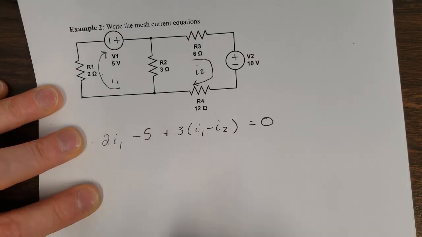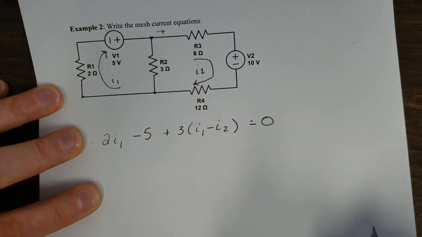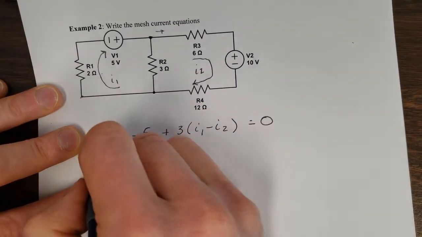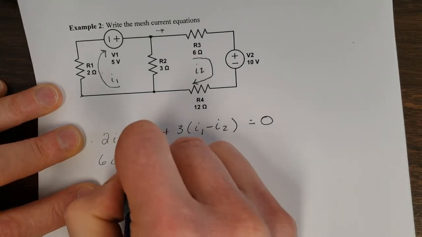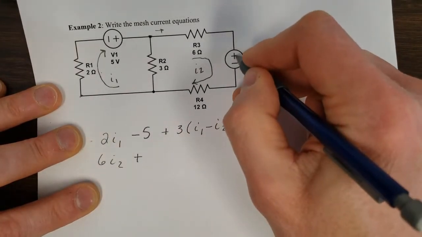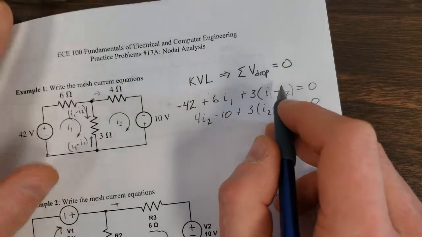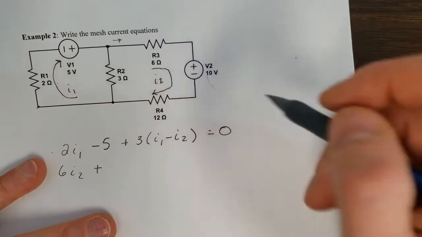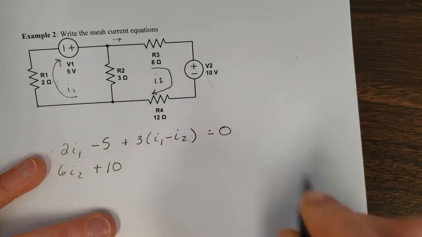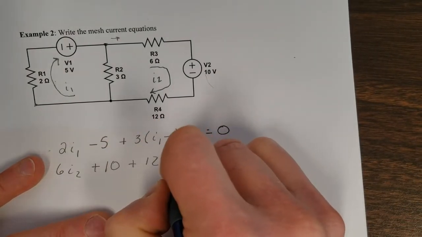All right, the next one. Let's start right here, and we'll move around. And so we get the 6 times I2, and then we hit the 10-volt source, but we hit the plus sign, so this is going to be a 10-volt drop. Remember, we're summing the drops, and we got a 10-volt drop here because we start up and we go down, so that's going to be a plus 10 in the equation. Then 12 ohms times I2.